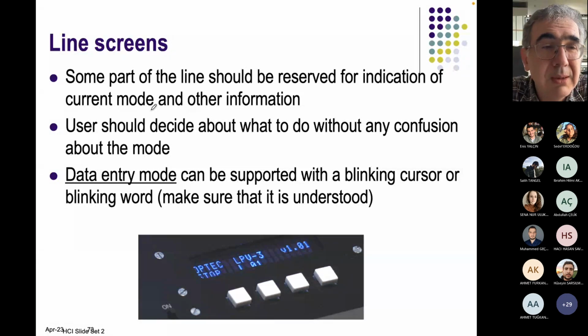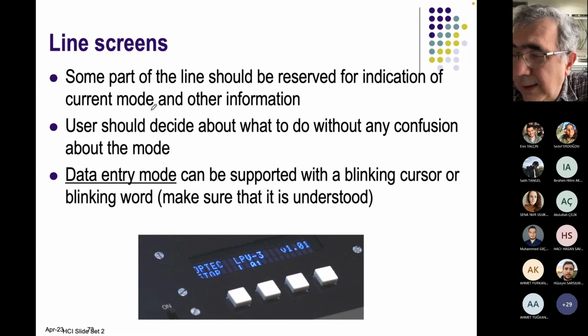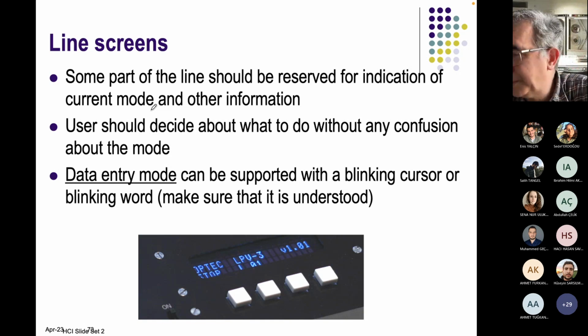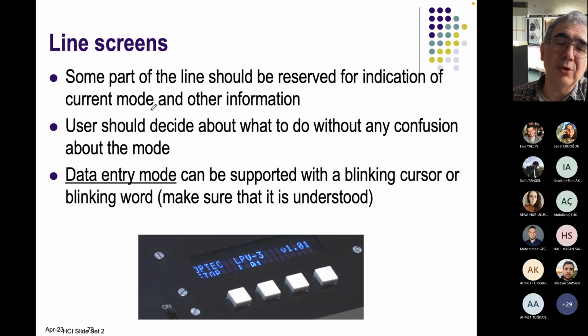So mode information is interesting. Please pay attention to it. And data entry mode can be supported with a blinking cursor or blinking word or changing colors sometimes if the color possibility is present. Make sure that the mode cue is understood.